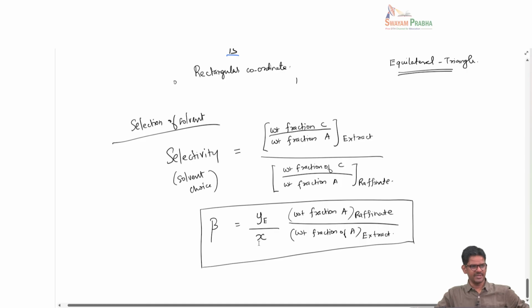This y by x is basically the distribution coefficient, times how much amount of A is present in the raffinate over how much amount of A is present in the extract. So here again we are saying that A is slightly soluble in B also, that is why in the extract some amount of A is present, okay. So based on this we calculate the selectivity and then choose a solvent, okay.